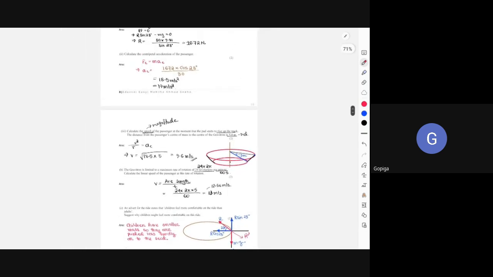Again, I'm saying that this is actually one of the toughest questions from this circular motion. Now, the next questions are not that much tricky.